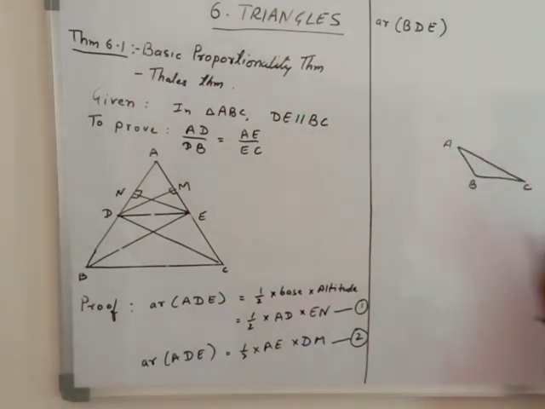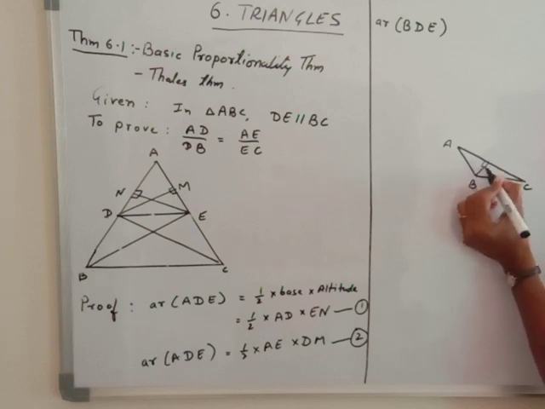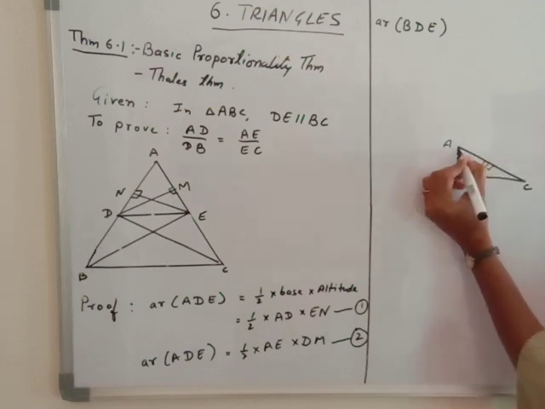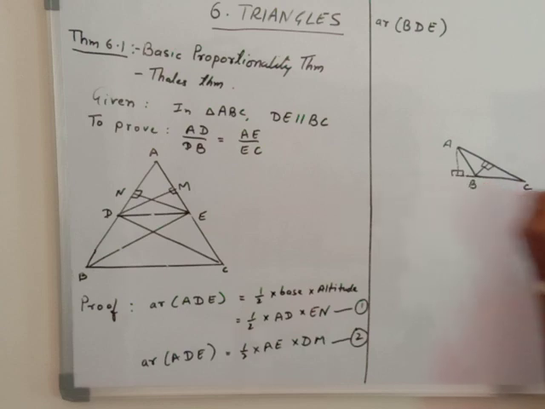I am giving one example. Suppose I want to make the 90 degree from A. So this altitude will be outside. Yes or no? The altitude will be outside.